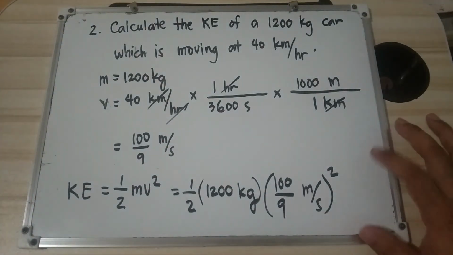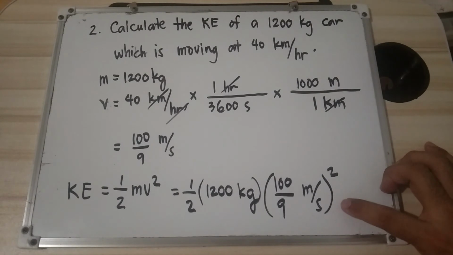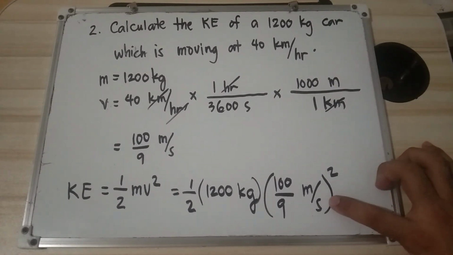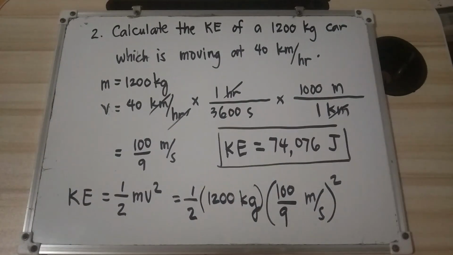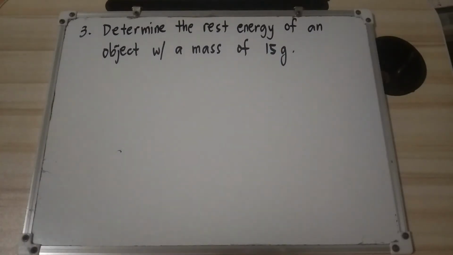Yan. So velocity na. So kunin nyo yung square nyo muna to, tapos times 1,200 divided by 2. Kinetic energy is equal to 74,076 joules.